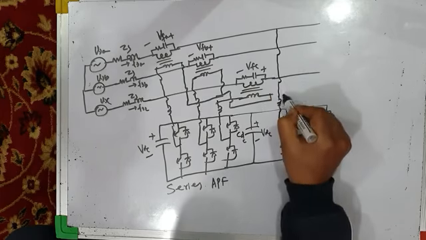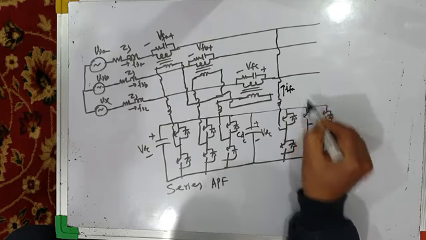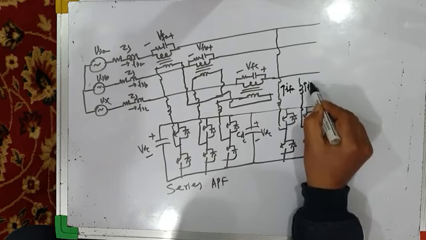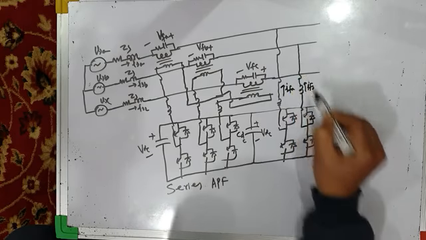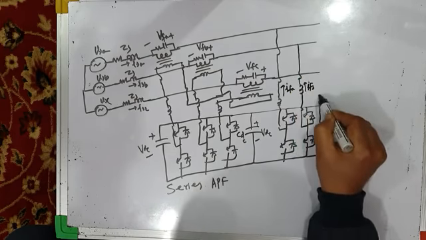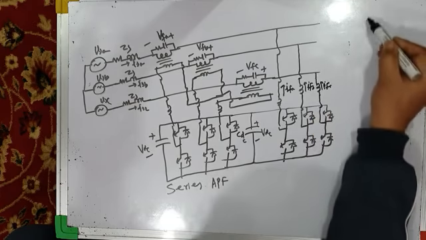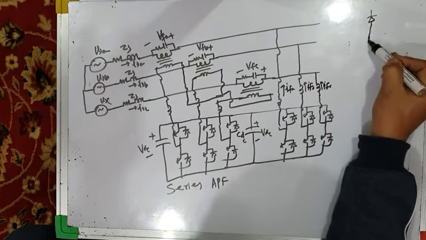This is filter current or compensation current, IFA, IFB, and IFC. And this is three-phase diode bridge rectifier.